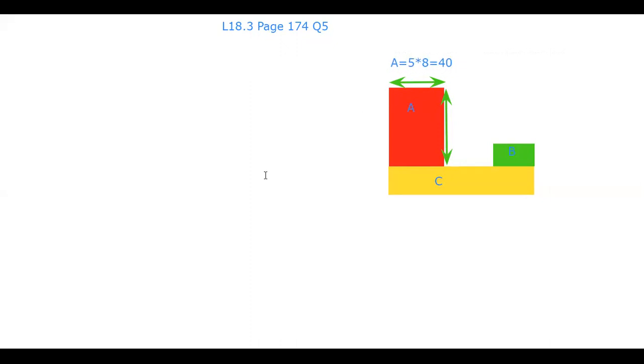Now he's asking me to find also the area for B. If I'm looking at B here, they said that it's 6. Let me write it. This is 6 centimeters. But the trick wasn't here. The trick was right here.